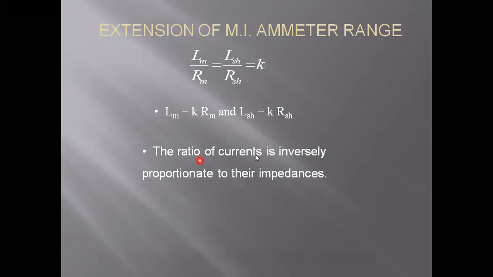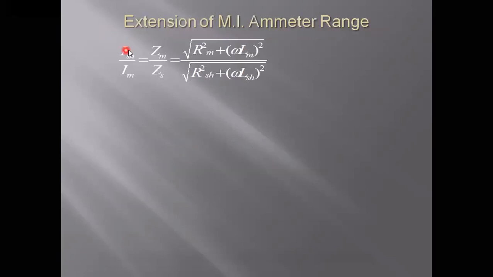Now the ratio of currents is inversely proportional to their impedances, because we know that current is inversely proportional to impedance. So ISH by Im is equal to Zm by Zs, where Zs is the impedance of the shunt and Zm is the impedance of the meter.